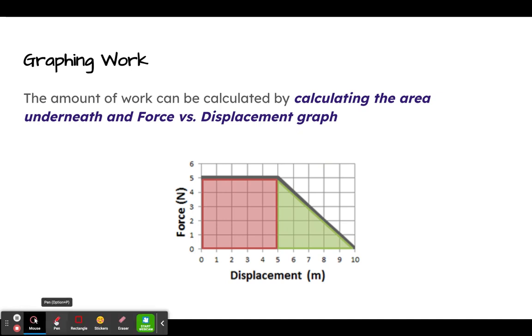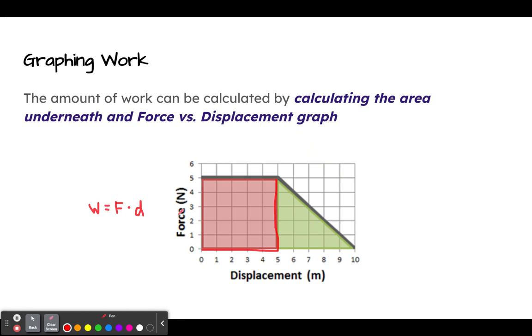If not, let me emphasize it. That area would be equal to base times height. The base here is 5 meters, and the height here is 5 newtons. What we're doing is force multiplied by displacement. Well, hey, wait a second, that's equal to the work, right?